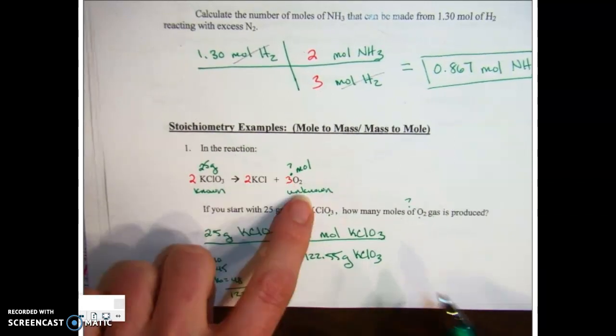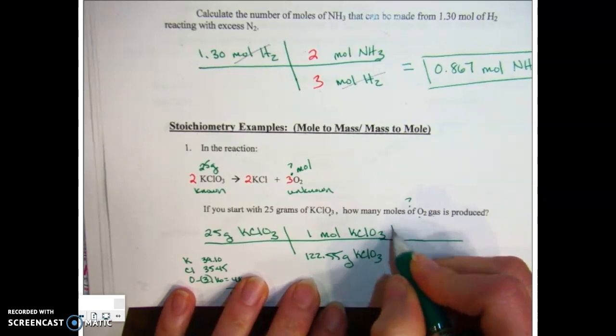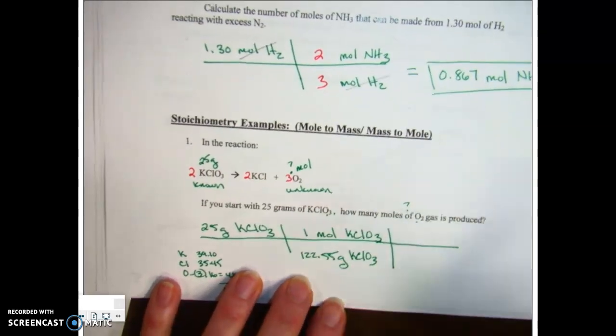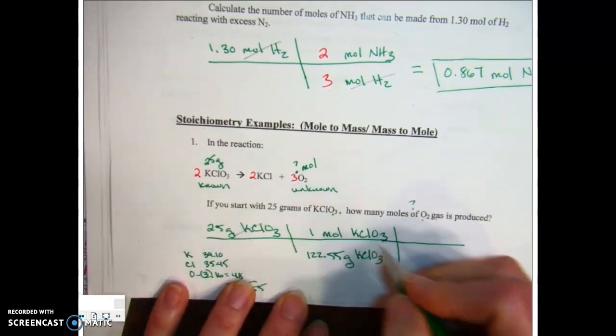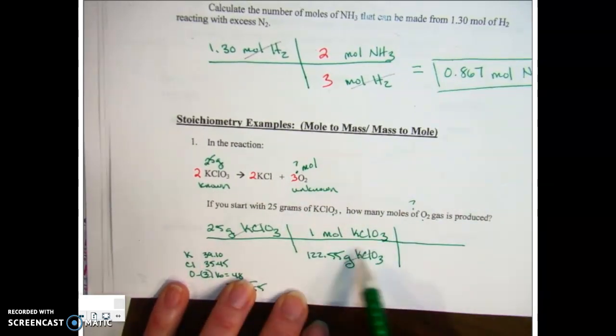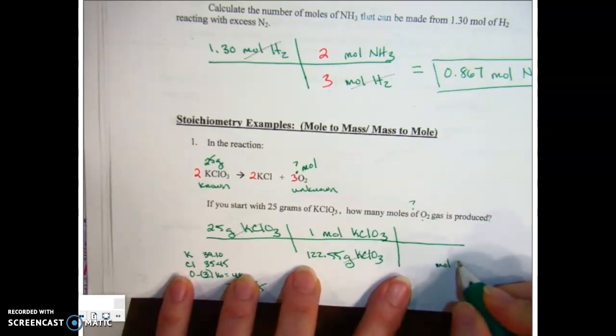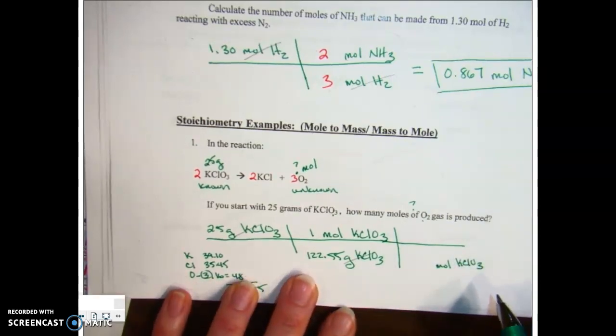I have to change substances. So I'm going to add a spot here to my train track. Now, currently the only unit I have is grams of potassium chlorate are canceling, so I only have moles of potassium chlorate. I need that unit to go away, so I drop it in the bottom. Let the train track lead you.